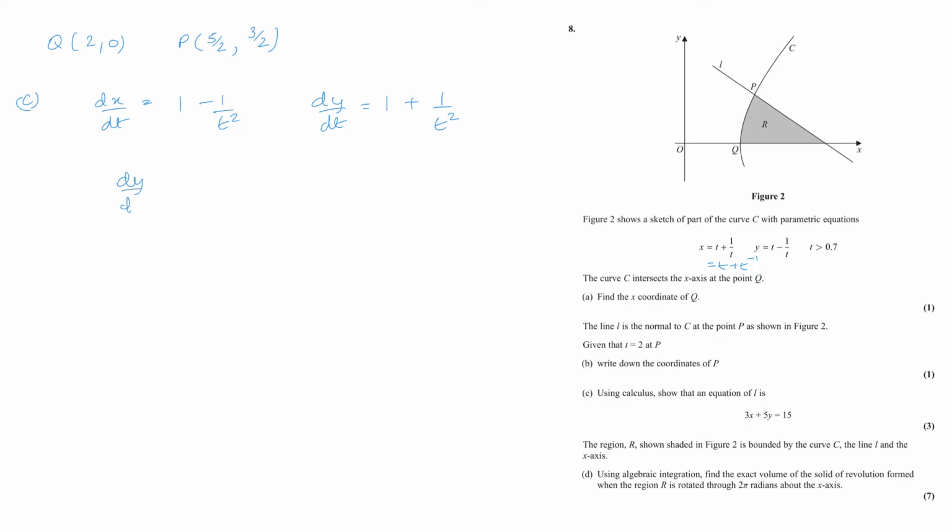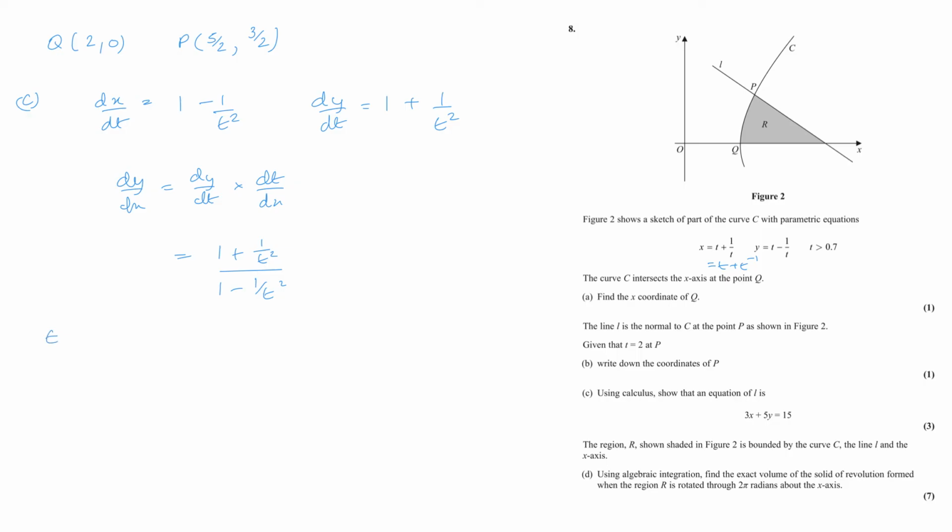So dy by dx is dy by dt times dt by dx. So it's 1 plus 1 over t squared over 1 minus 1 over t squared. And there's no need to simplify this.